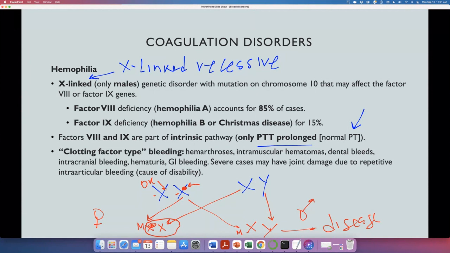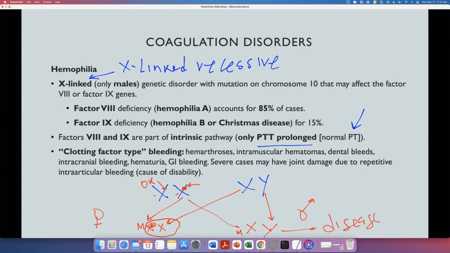Most cases of hemophilia are hemophilia type A, 85% of the cases, and this is due to factor 8 deficiency. The other type, hemophilia B or Christmas disease, affects only 15% of the cases, and that has to do with deficiency of factor 9. Prolonged PTT, these work in the intrinsic coagulation pathway.